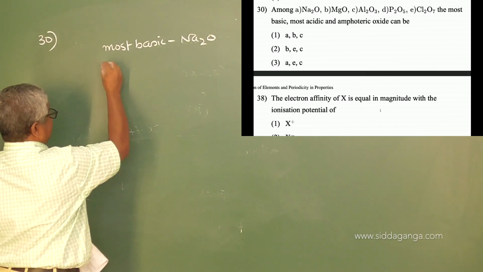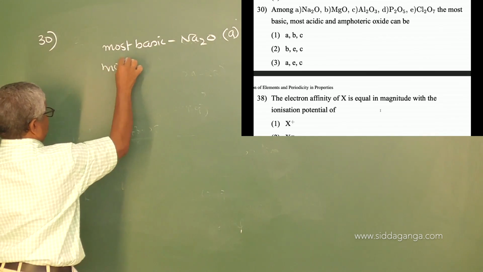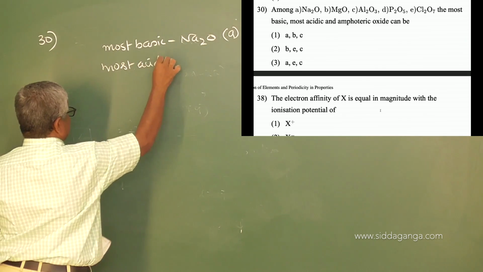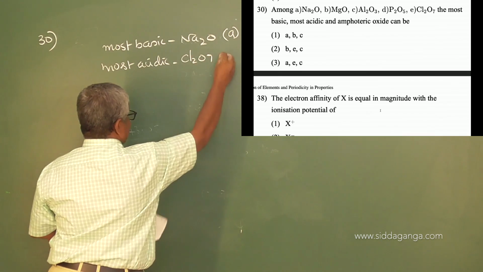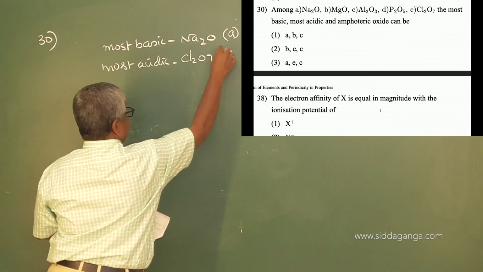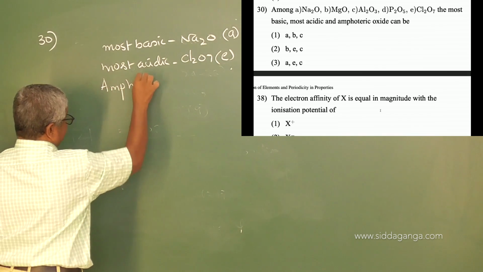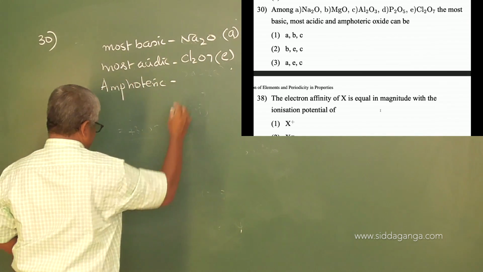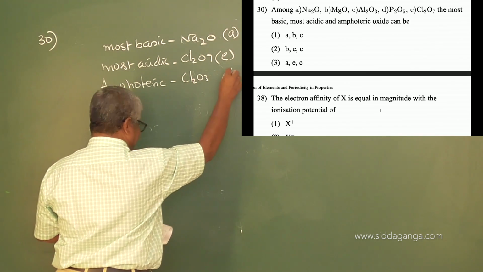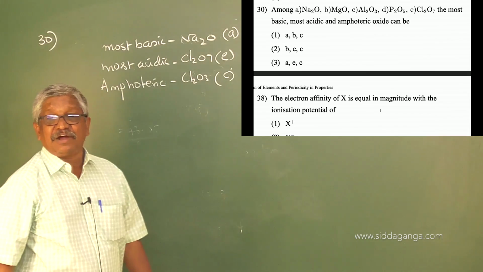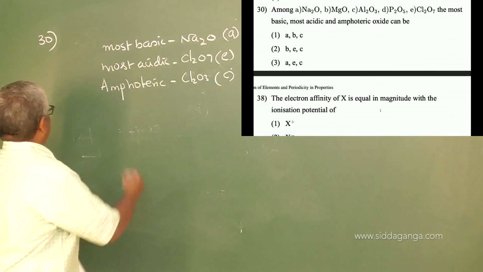Most acidic is in A. Most acidic is Cl2O7, it is E. Amphoteric, which can react with both, is Al2O3, it is C. A, E, C. See which option has it.